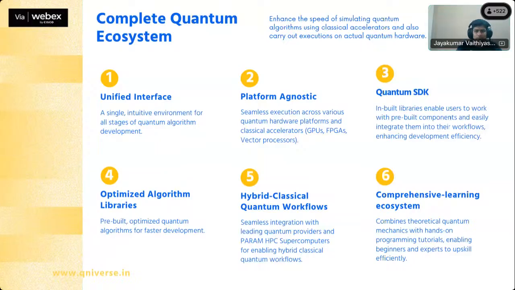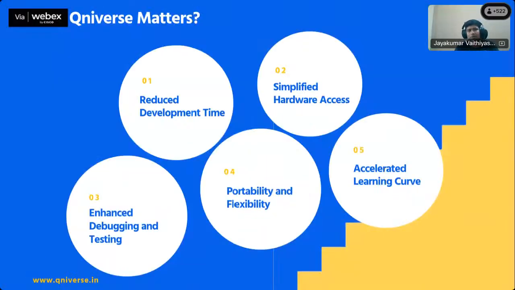Yes, we can do. So why does Quniverse matter? Because you can reduce development time, because they have predefined, preloaded libraries. Okay. It will provide enhanced debugging and testing. It will show so many errors, right? And how to fix them. They will try to improve the system.